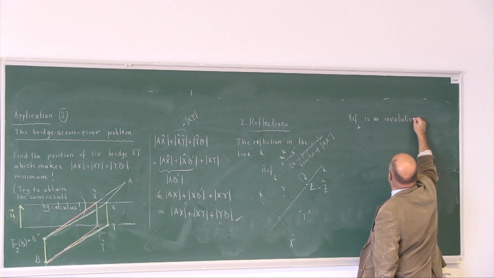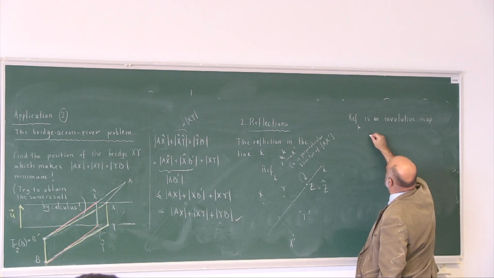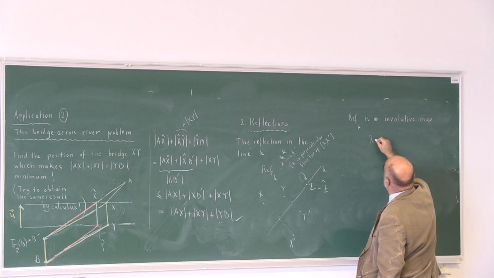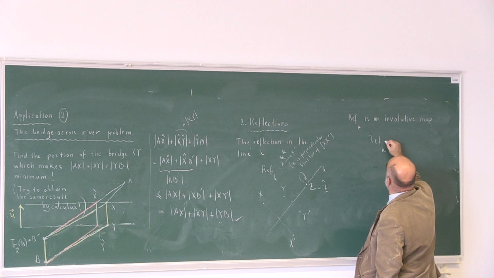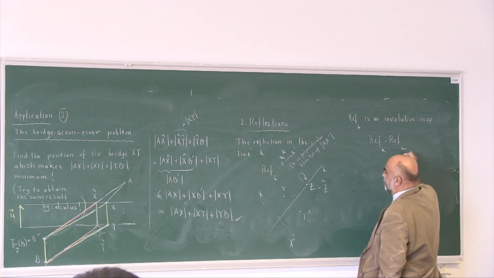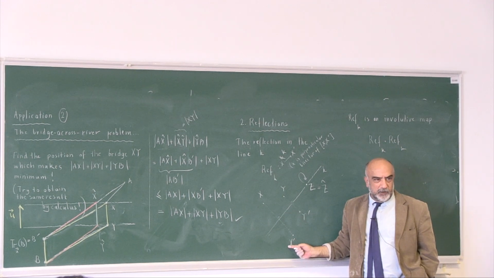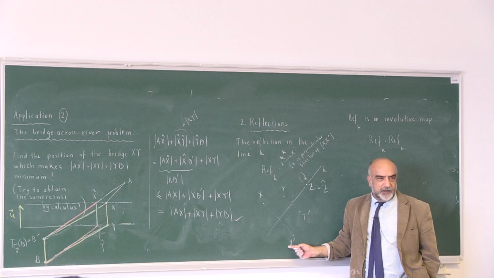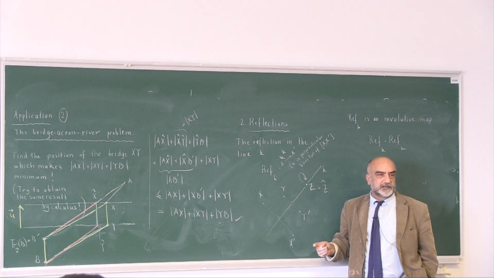As an involutive map, that means if you take a reflection in a line K, and if you repeat it, what happens is a point x is moved into, let's say, x prime by a reflection, and that point x prime, if you apply the same transformation, is transformed back into where it has come from.